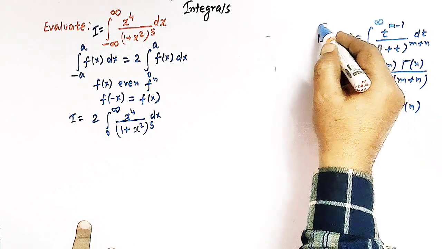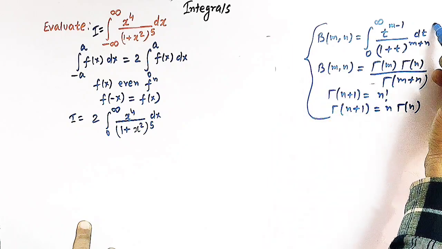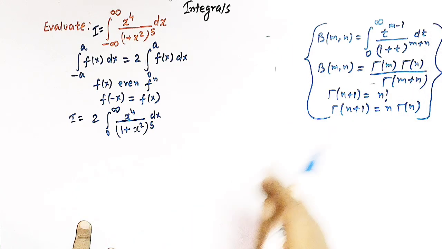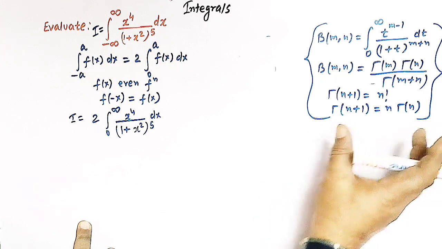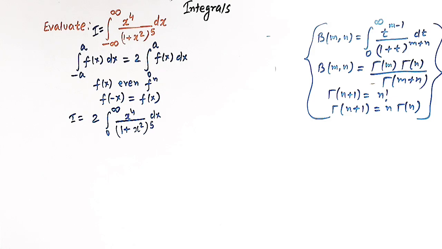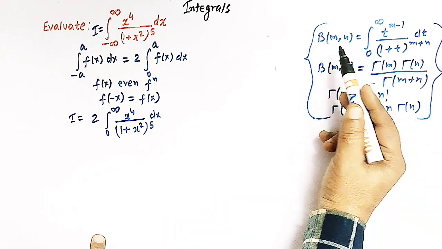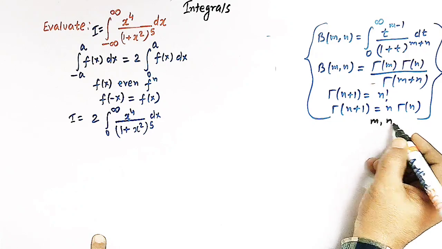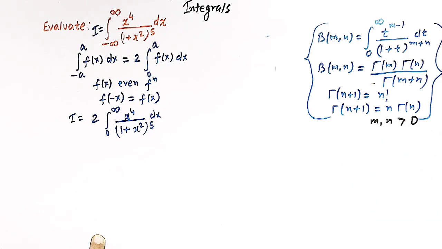So these are some important results from the theory of beta and gamma functions which are going to be used to solve this integral. And moreover, here m and n are greater than 0.